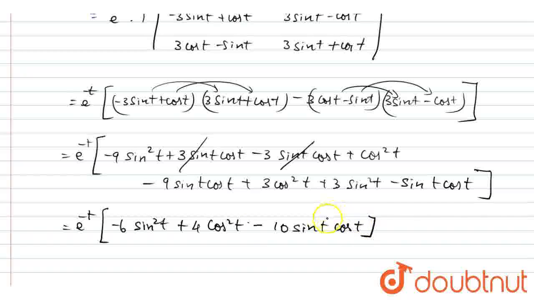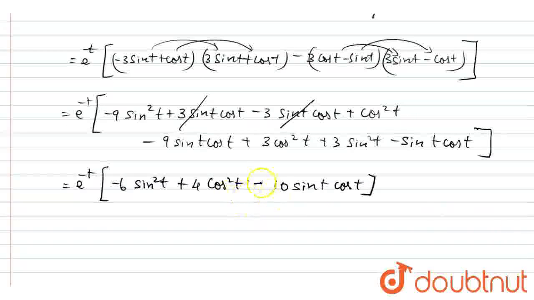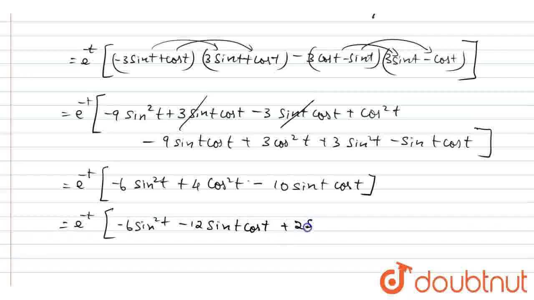Next I am going to factorize this one, so e power minus t, I am going to factorize this one, so it will become minus 6 sin square t, this 10 sin t cos t I am going to write as minus 12 sin t cos t plus 2 sin t cos t plus 4 cos square t.